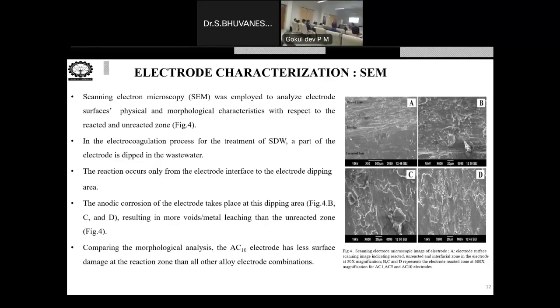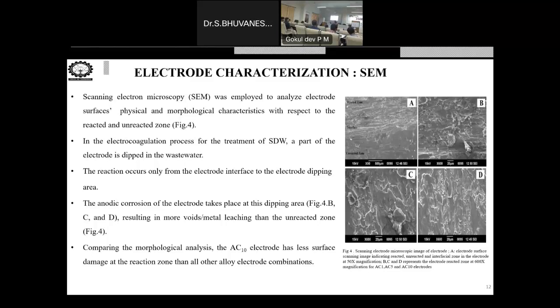Before absorption, the activated carbon can be seen in the scanning electron microscope, and the surface has some structure. But after absorption of dyes or heavy metals, there may be some deposit, because it is a surface phenomenon. The heavy metals attach on the surface, and we can see some roughness or some distribution of material on the surface of the electrode. That is the purpose of this morphology study.